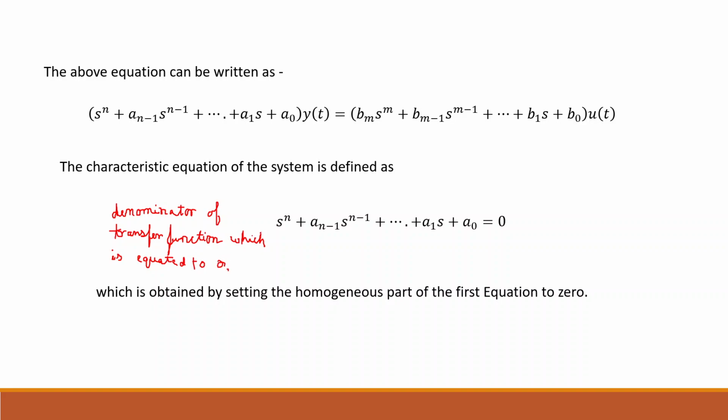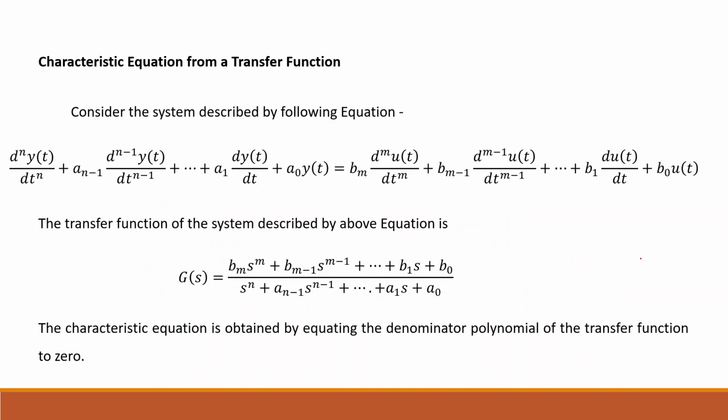Else it is just an expression. When we equate it to 0, it becomes an equation, the characteristic equation. This equation gives me the poles of the system. So again, if we have this differential equation format, we will get a transfer function format. The characteristic equation will give me the poles.